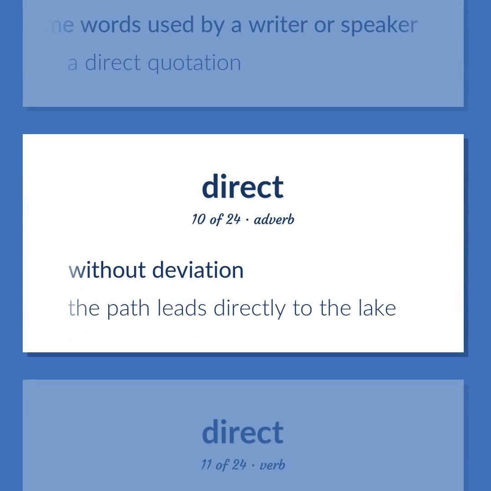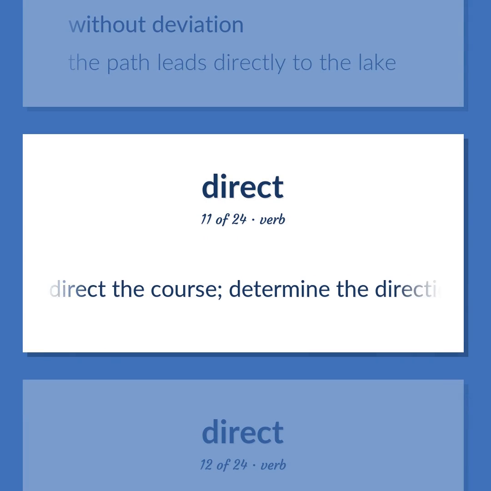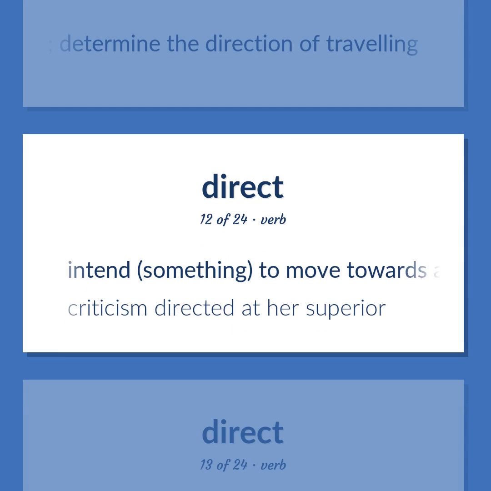Without deviation. The path leads directly to the lake. Direct the course. Determine the direction of traveling. Intend something, to move towards a certain goal. Criticism directed at her superior.